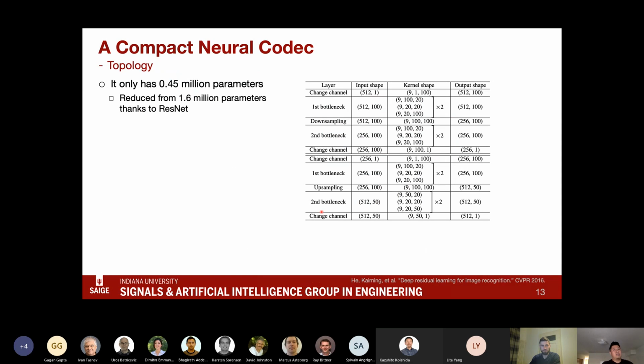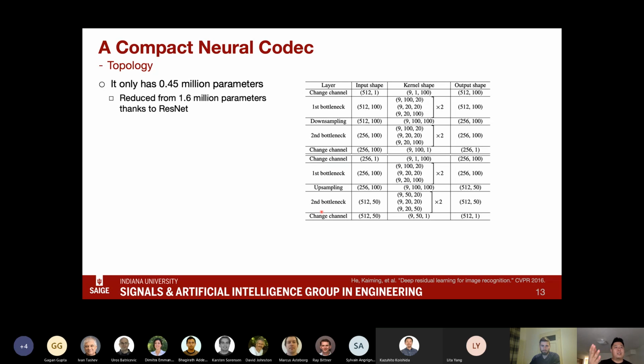The topology is also summarized in this table. I don't want to go through the details of the table, but from this table, you could calculate the total amount of parameters for that network, which is about 0.45 million. It's still much, much bigger than a conventional DSP-based codec, but when we're talking about deep learning, this is a tiny model.